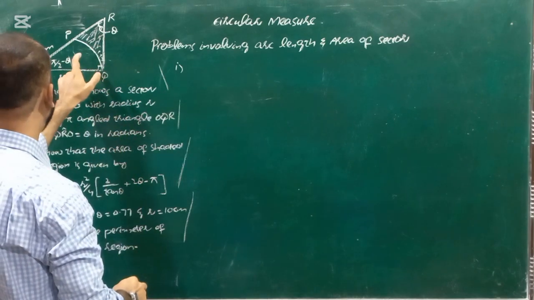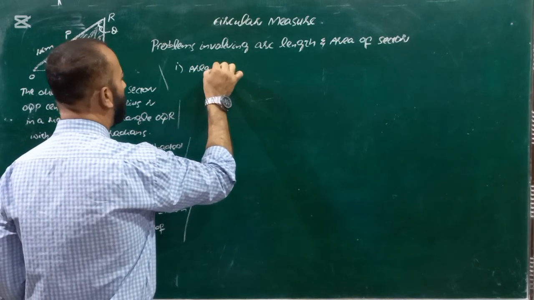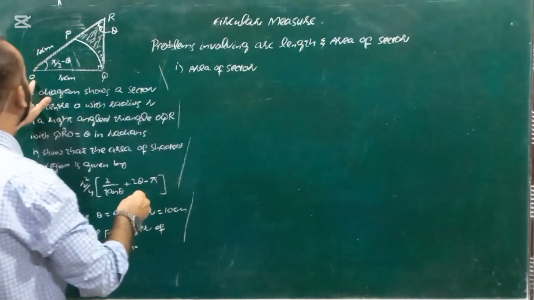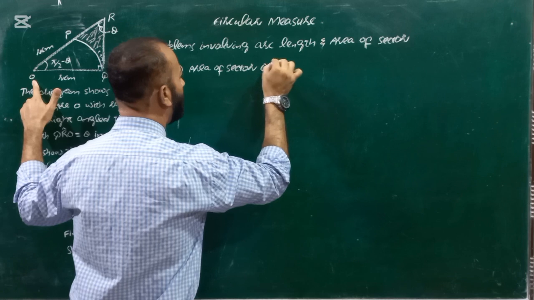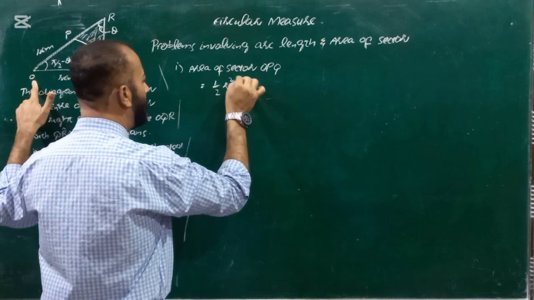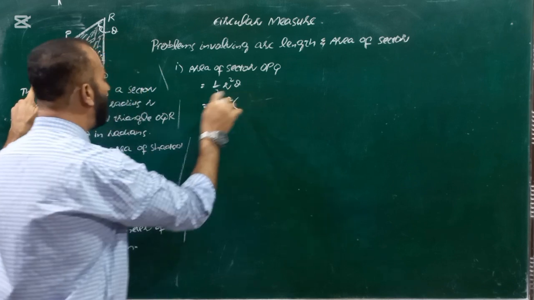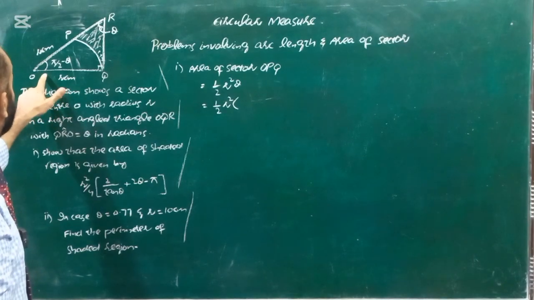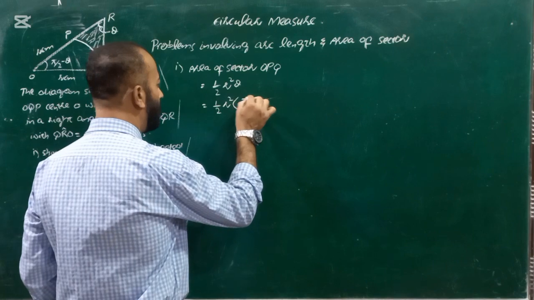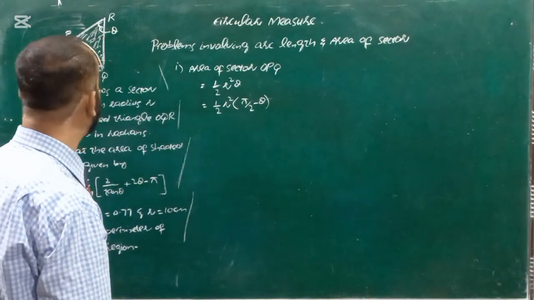So first we are going to find the area of sector OPQ. It will be equal to 1 by 2 r square theta, where the angle subtended at the origin of the sector is pi by 2 minus theta. So 1 by 2 r square into pi by 2 minus theta. So this is the area of the sector.